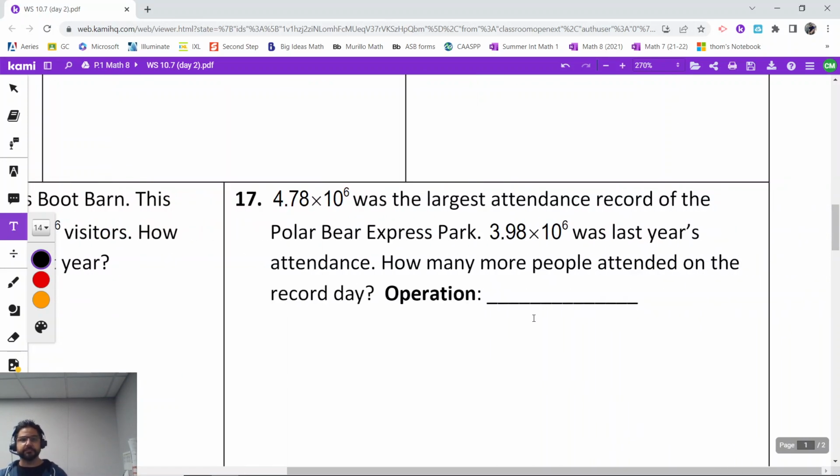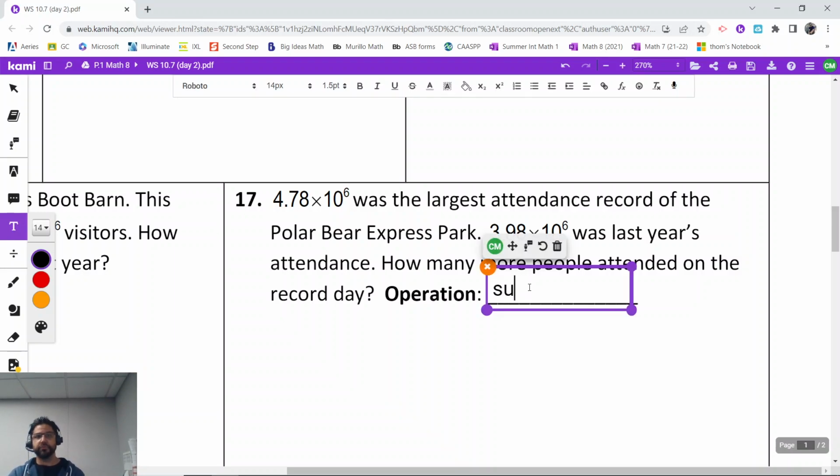All right, number 17. We've got this, the largest attendance record. Last year, this was the attendance record. How many more people attended on the record day? So this is a difference problem, which is a subtraction problem.